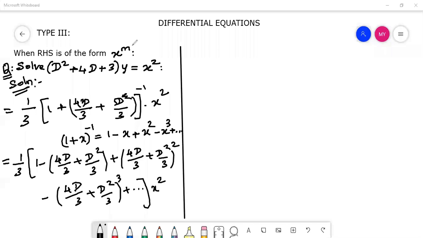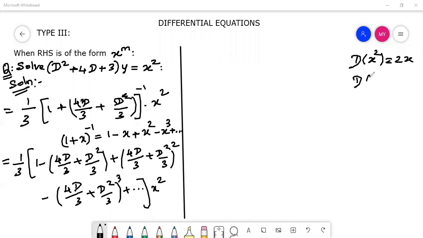While removing the bracket, you will be getting like this square. Now when you apply the square inside the bracket, we'll be having three terms. See here, this x² is only one term. When you differentiate this x², that is D of x², it will be 2x.